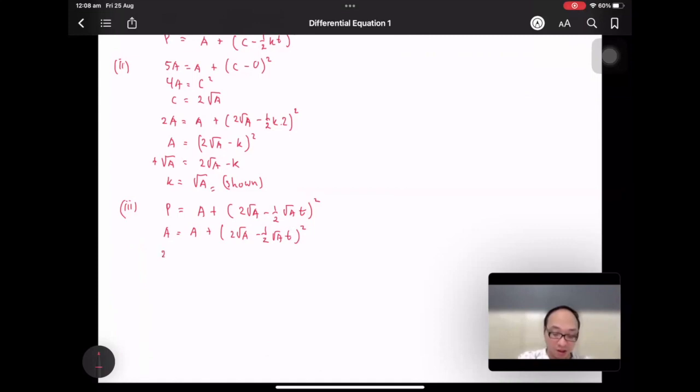So that means 2 root A minus half root A T squared equals 0, so half root A T squared equals 2 root A. So T equals 4.